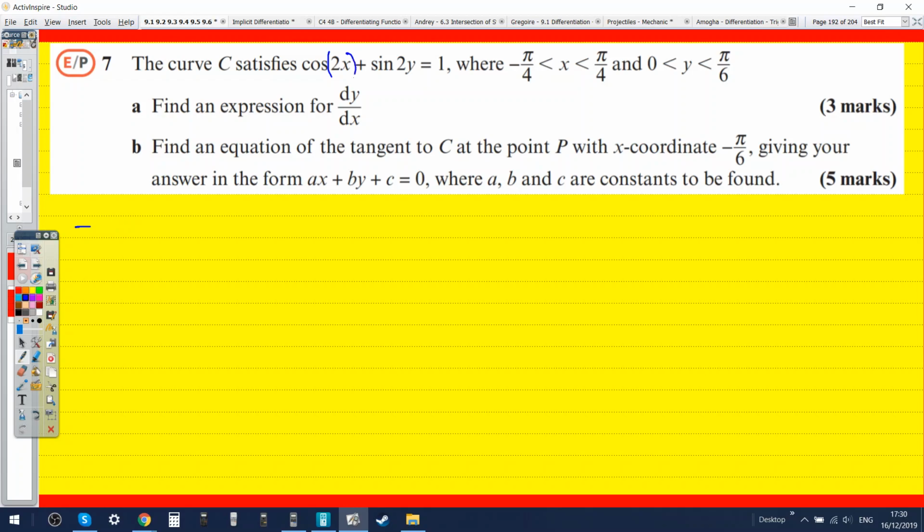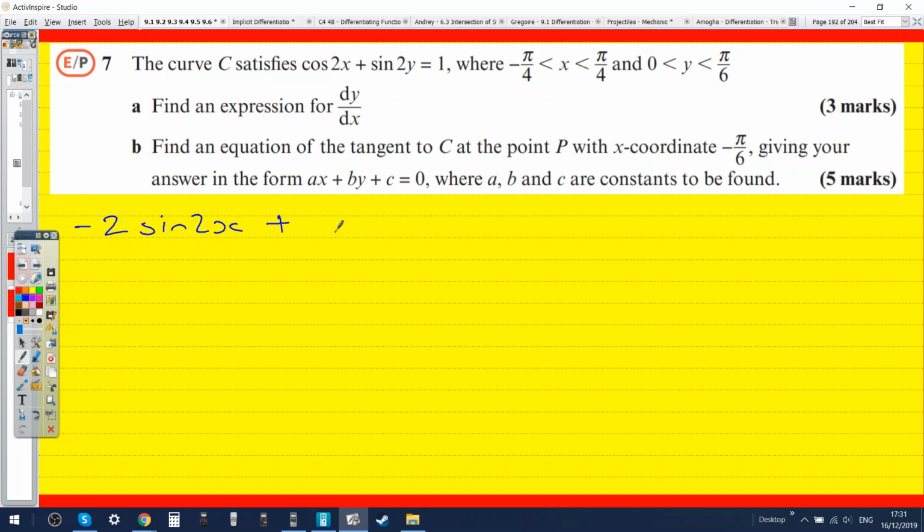Derivative of function inside function, so chain rule. So minus sine 2x times 2. I was going to say minus 2 sine 2x.